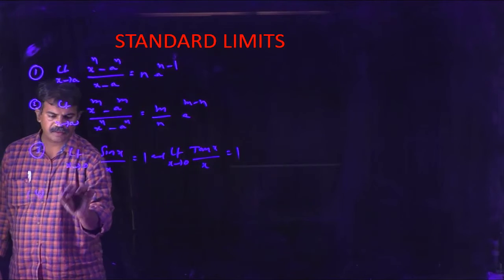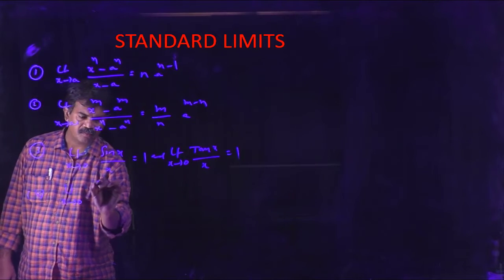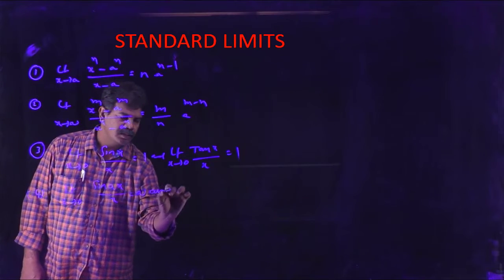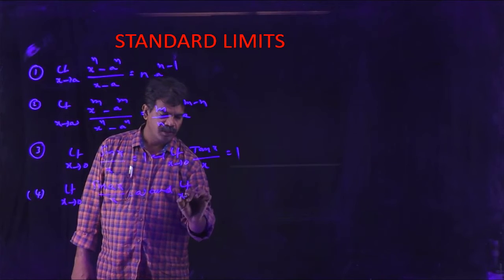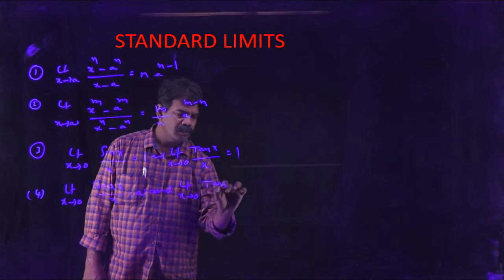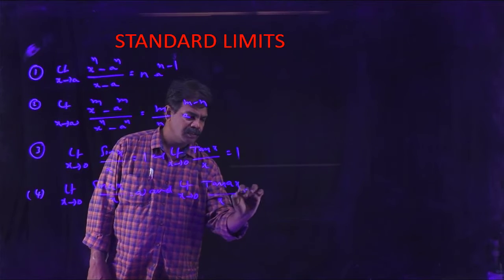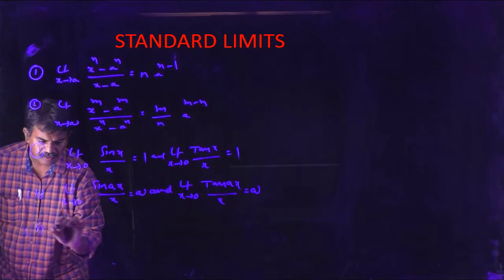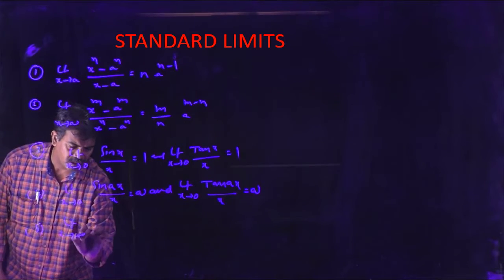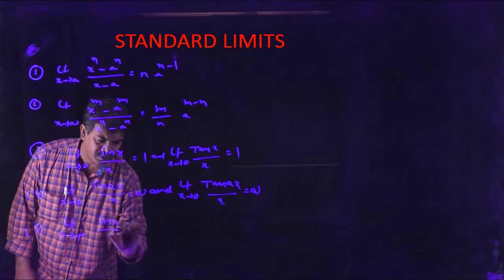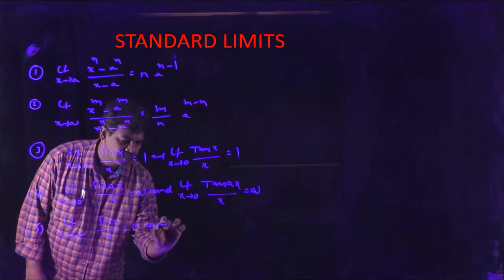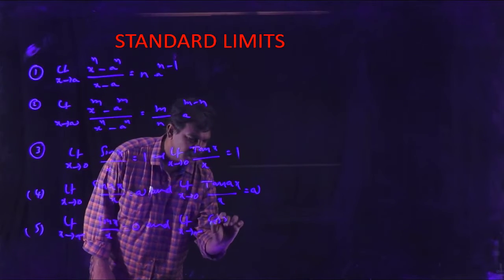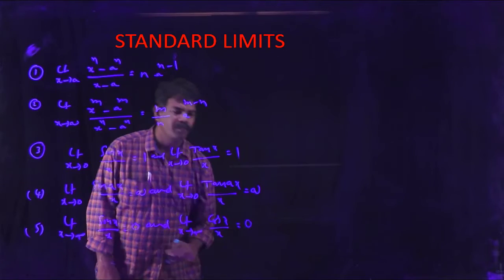Next, the fourth one is limit x tends to 0 of sin(ax)/x = a, and limit x tends to 0 of tan(ax)/x = a. The fifth one is limit x tends to infinity of sin x / x = 0, and limit x tends to infinity of cos x / x = 0.